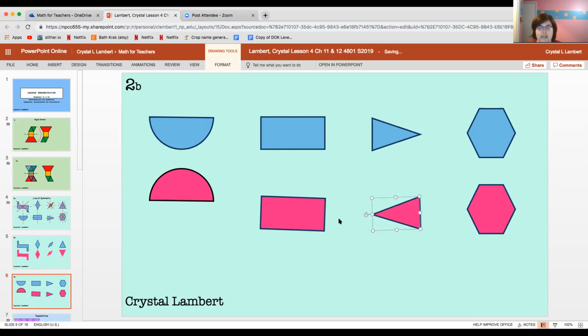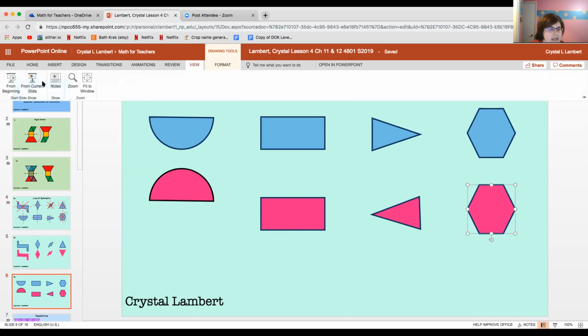No, the isosceles triangle does not have rotational symmetry. This is bothering me because it's not 180. It's a little wonky. Okay, what about the hexagon? What is your guess? I'm thinking yes. And it is. We have rotational symmetry.